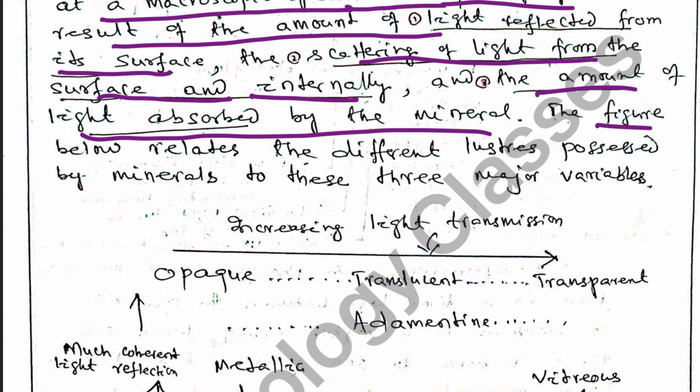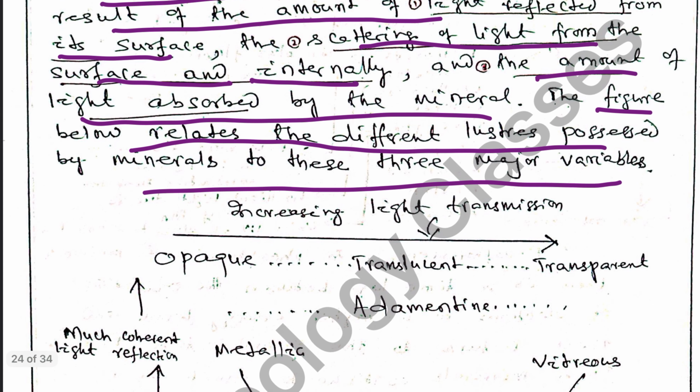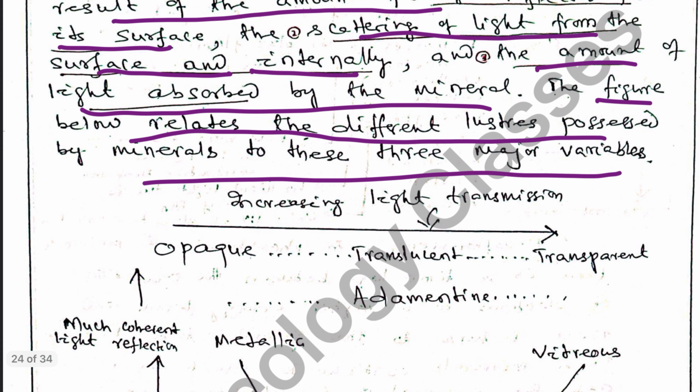The figure below relates the different types of luster possessed by minerals, and there are three major varieties, which are in increasing order of light transmission. Opaque: in opaque, the transmission is nil, we can say.